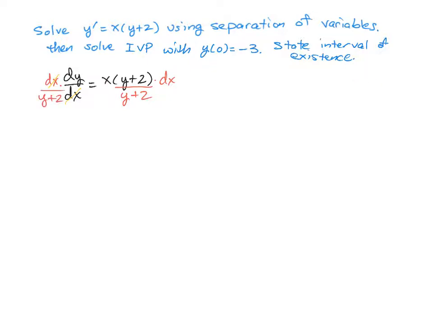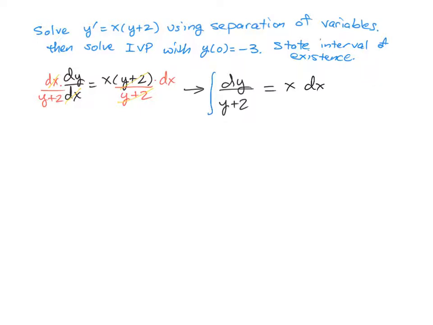In the process of doing so, we end up with our variables separated. We have dy over y plus 2 equal to x times dx. And now we need to integrate both sides of this.